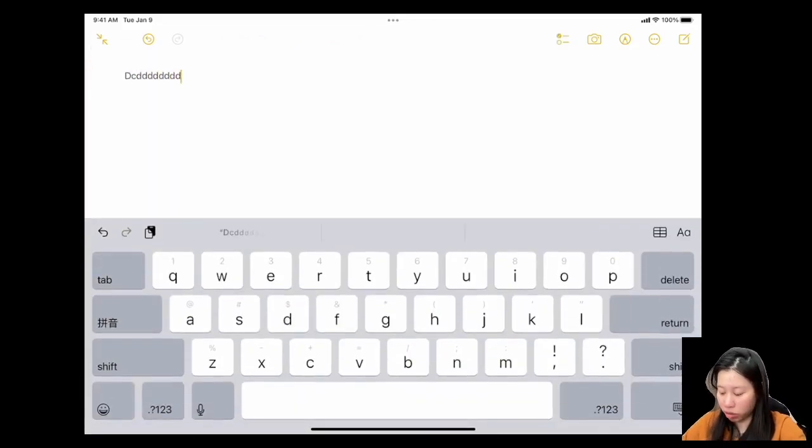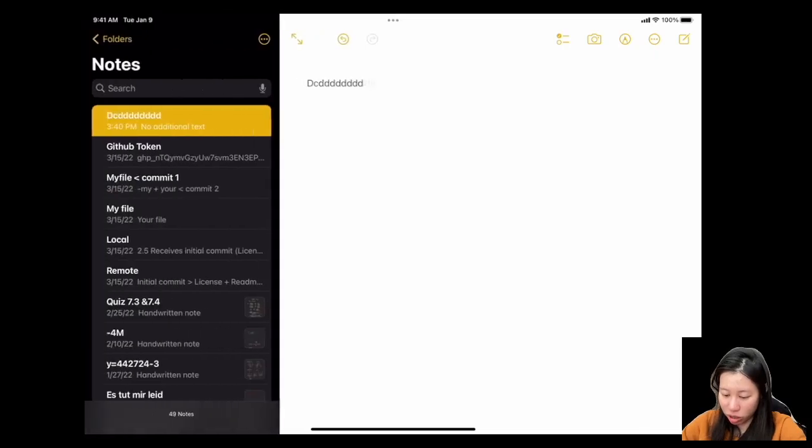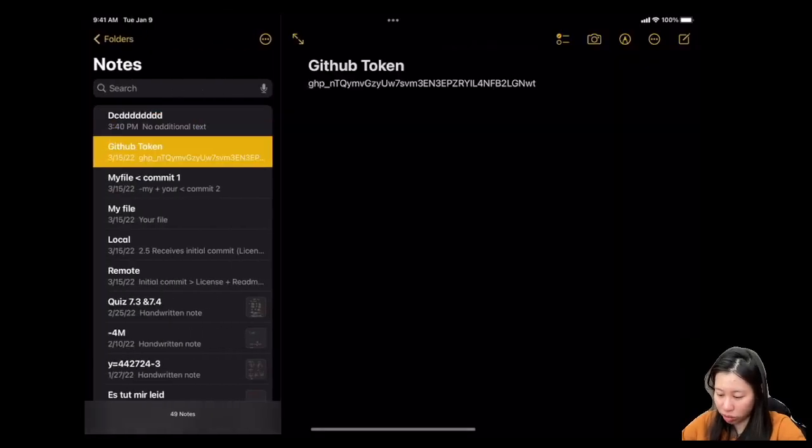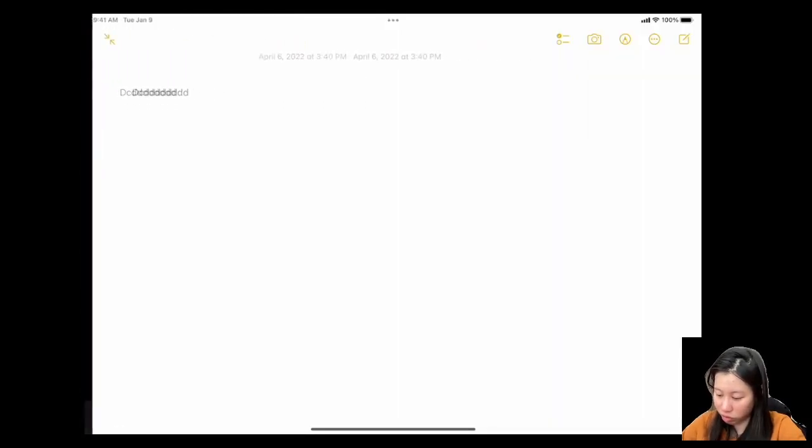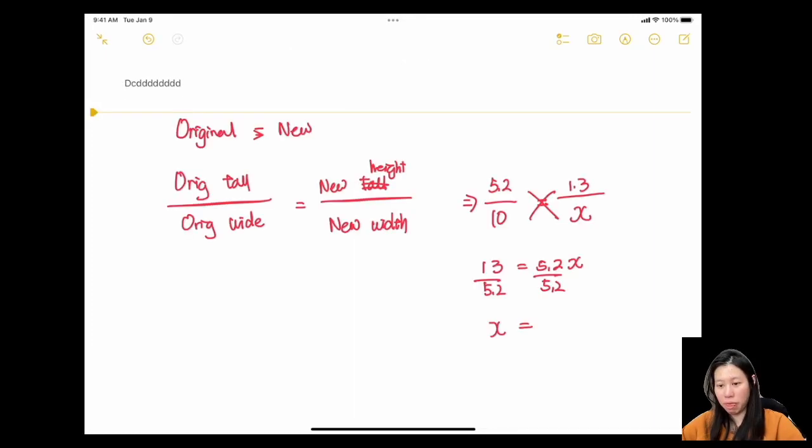You can either set up the equation one way, which gives x equals 2.5. Okay, so another way to do it is the same idea.